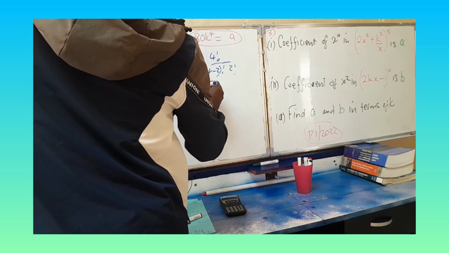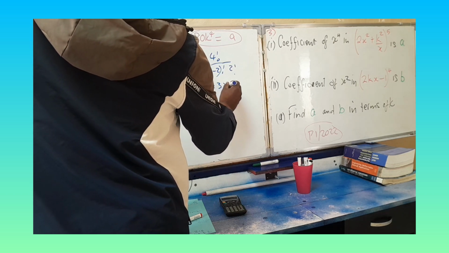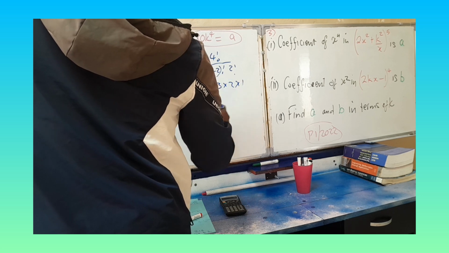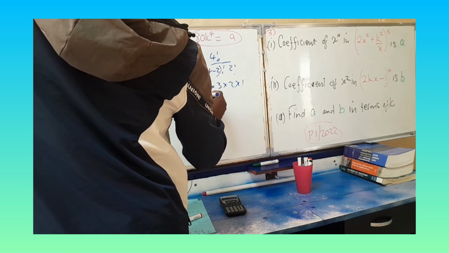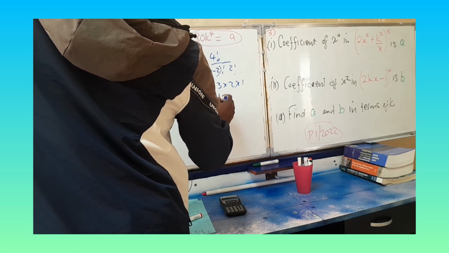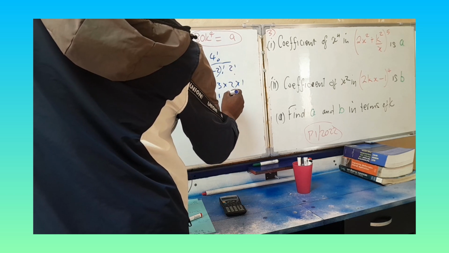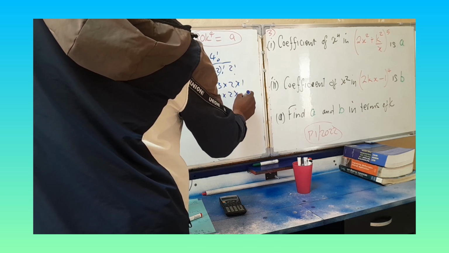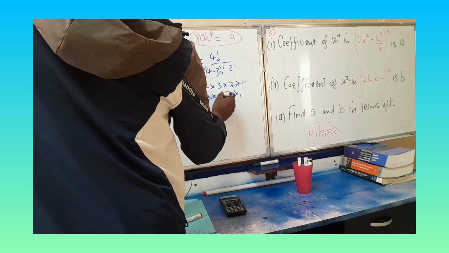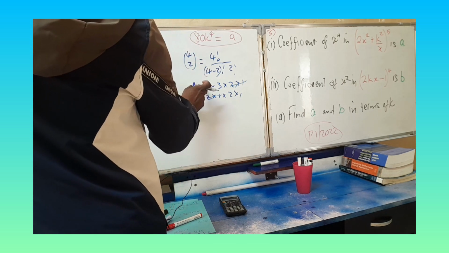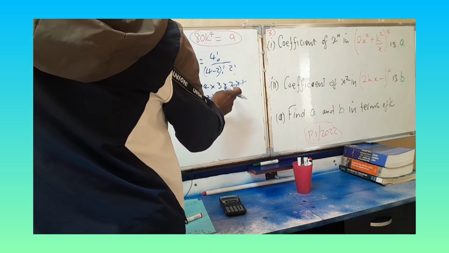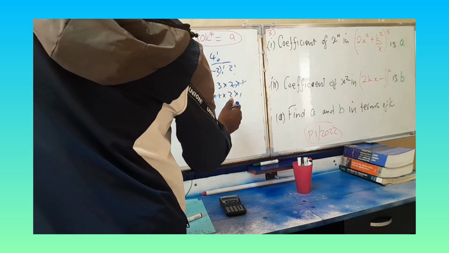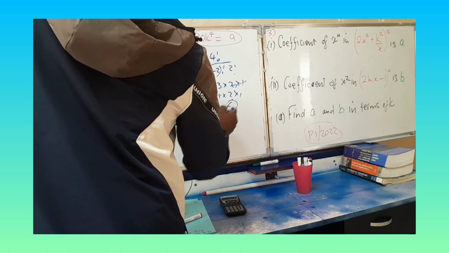That gives you 4 times 3 times 2 times 1 divided by 2 times 1 divided by the other 2 factorial, 2 times 1. This cancels that, and we are left with 4 times 3, which is 12, divided by 2, which is equal to 6.